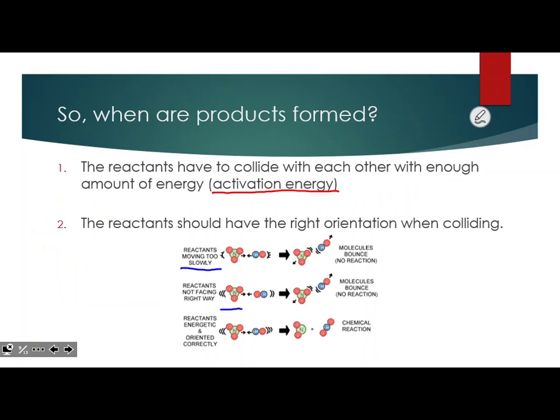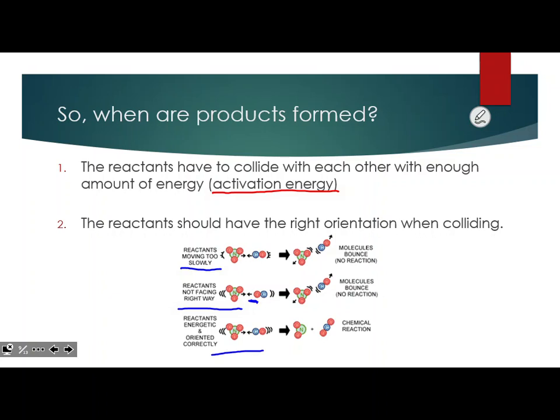So they just bounce right off and go the other direction. The second diagram here is showing you that the oxygen is facing the NO3 here. The carbon is the one that has to bond with the oxygen, so it's not facing the right way. Since the oxygen collides with the NO3, it ends up just bouncing off and no reaction takes place.